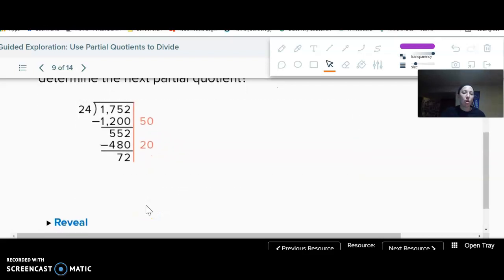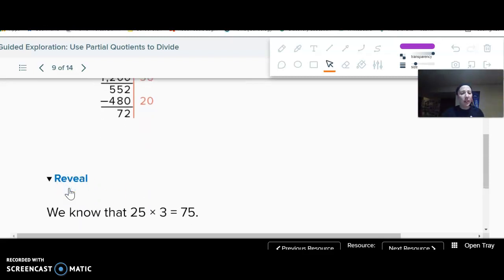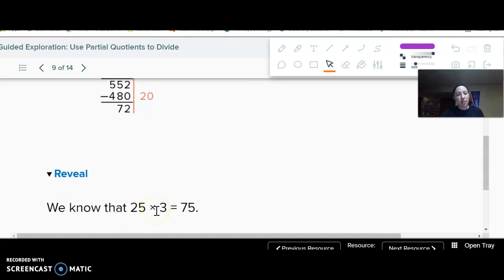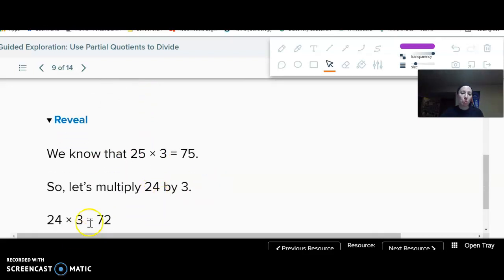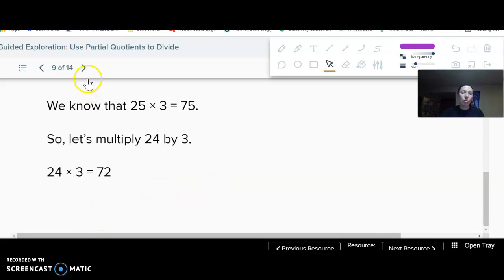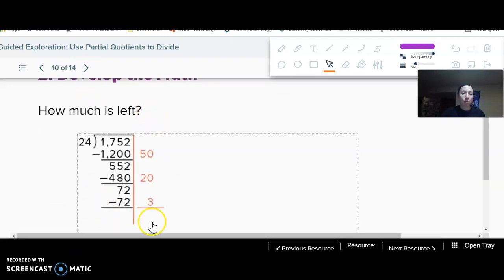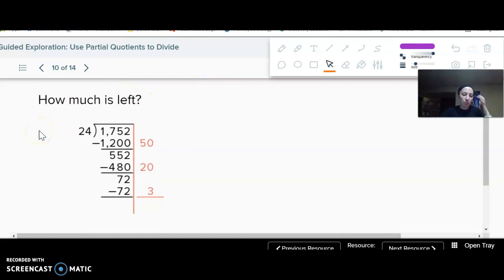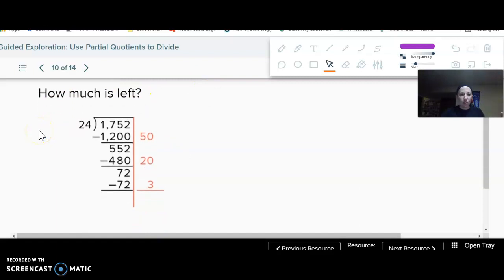Now we have to figure out, okay, how can I get to 72? Now I could do a group of 24, a group of 24, see how many groups it takes me. Or I can say, well, 25 times 3 is 75. So 24 times 3 is 72. So we know it is 3 more groups, and then I won't have anything left over.